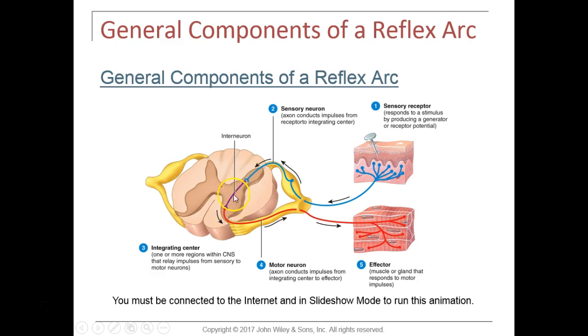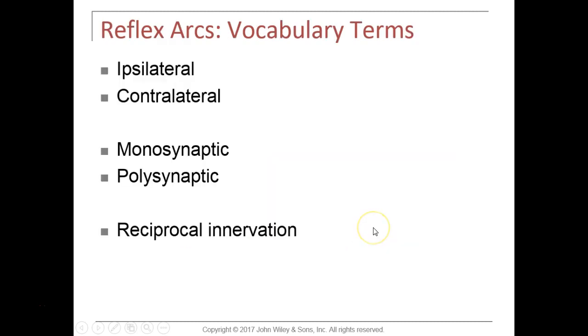So we have multiple synapses. So that means we would have to call that polysynaptic. Now, if the reflex has sensory information coming in one side of the spinal cord, and the motor information leaves from the same side of the spinal cord, that's called ipsilateral. So this is an ipsilateral polysynaptic reflex arc. And so you see the terms here.